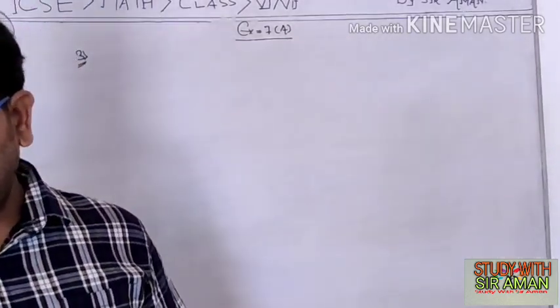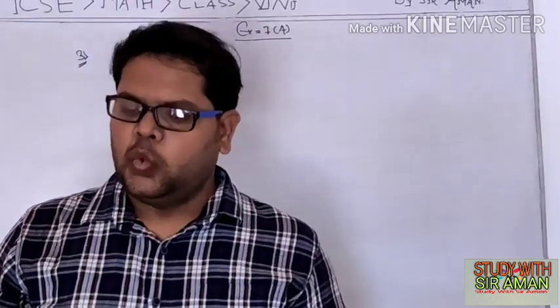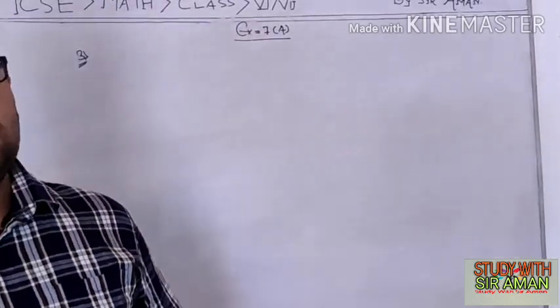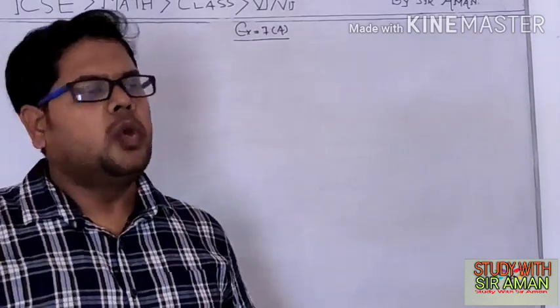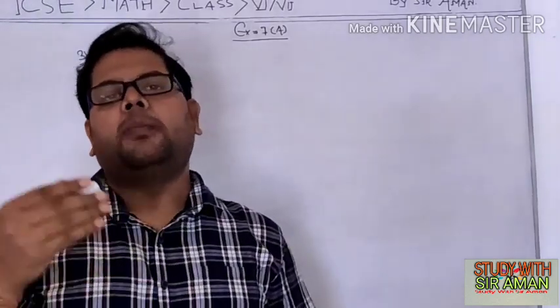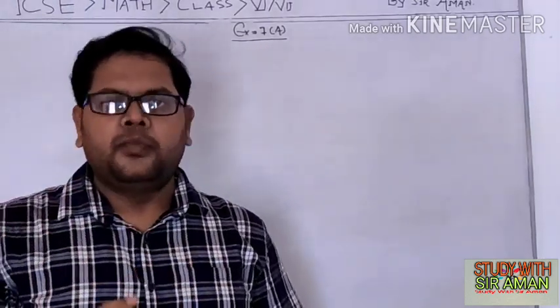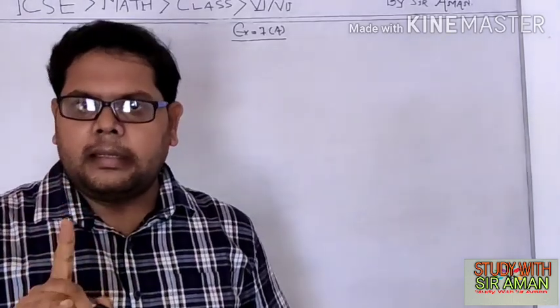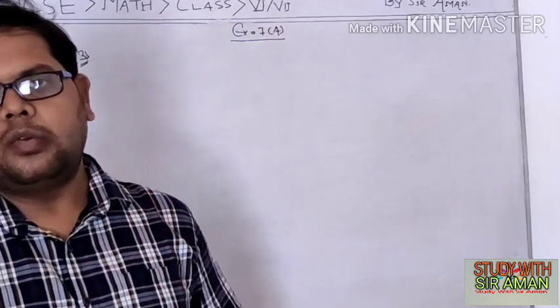It is the example of inverse variation. How? More the number of men, less the number of hours will be there to complete the work.